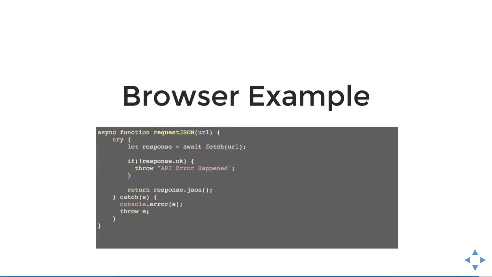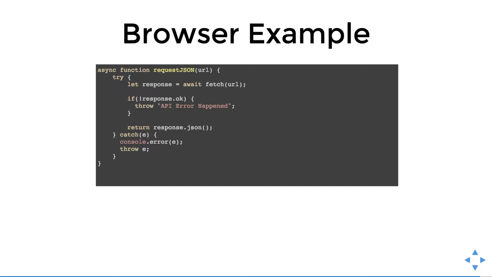So, all right. This is what this syntax looks like. We define a function. Hey, this function is called requestJSON, but we're going to mark this as an asynchronous function, right? And what it's going to do, it's going to try to let response equals await fetch URL, right? And then, in a non-blocking way, the rest of your Node app is going on, or your browser app is just going on.